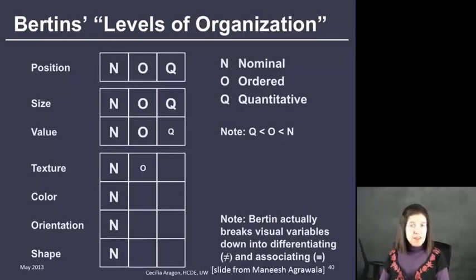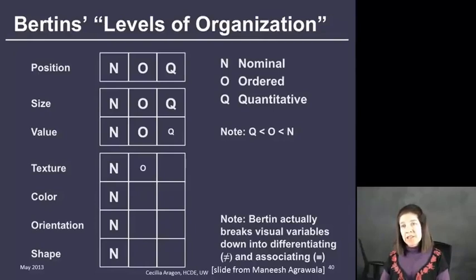So now that we have taxonomies of both data types and visual attributes, let's talk about how we map one to the other. So Bertin offered the following suggestions. He said there were levels of organization that you could consider. Position can be used for nominal, ordinal, or quantitative data, as can size.